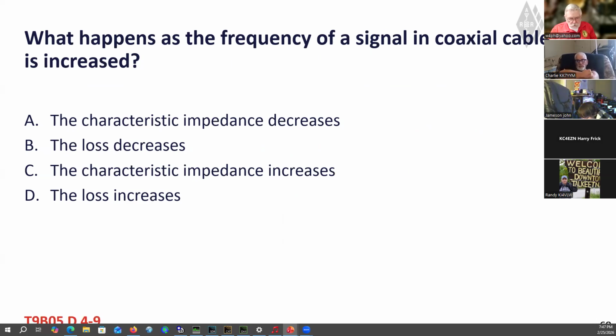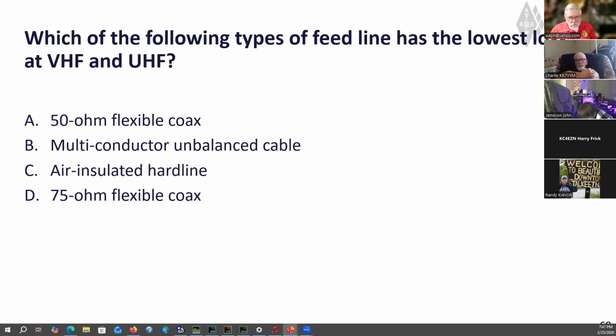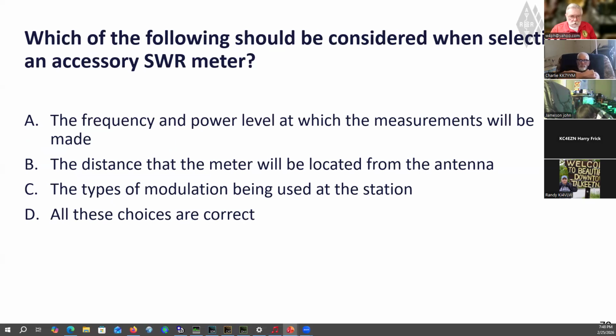That would be D. The loss increases with frequency. Which of the following types of feed line has the lowest loss at VHF and UHF? And that would be C, air insulated hardline. That would also be expensive.